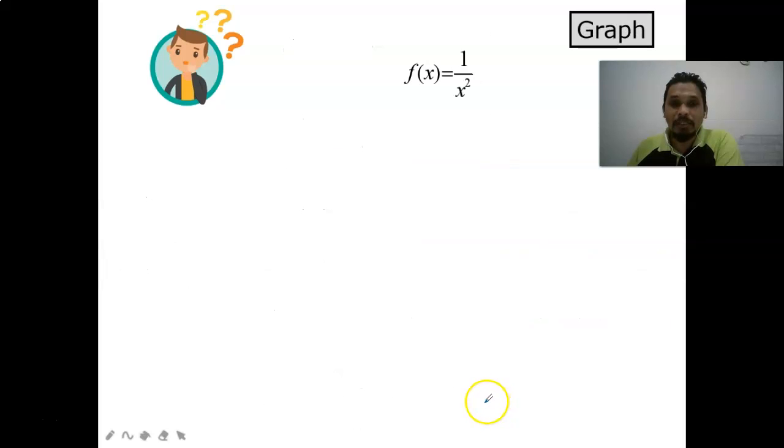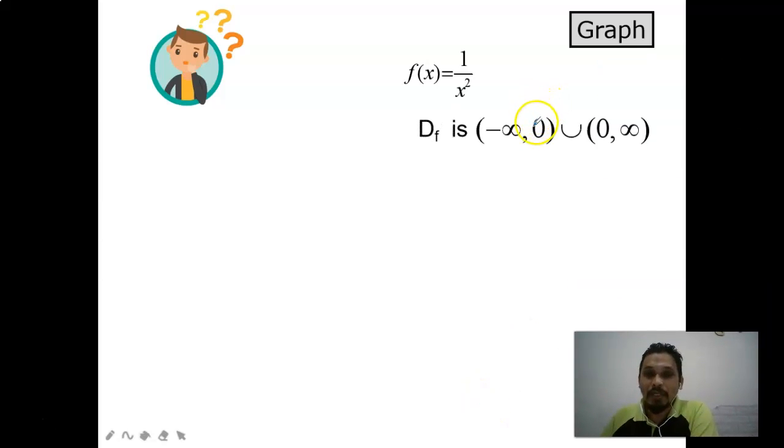Then from the graph, the domain is all the values of x, we call it real numbers, except when x equals 0, because 0 squared is 0, so 1 over 0 is undefined.